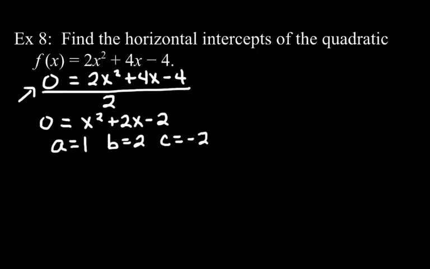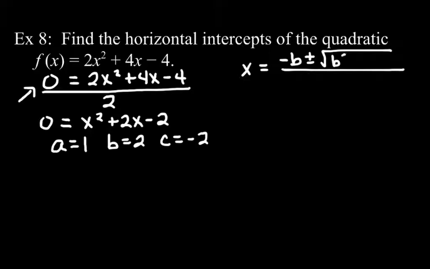So just as a reminder, and I know it's on your notes there, but I'm going to write it here: x equals the opposite of b plus or minus the square root of b squared minus 4ac over 2a. And all we're going to do is plug in the numbers.